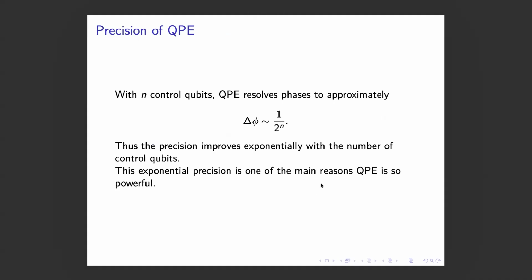So that means that the precision of the QPE with n control qubits roughly has an approximation error which goes like 1 divided by 2 to the power of n. And that means that the precision improves exponentially with the number of control qubits. And this is actually one of the reasons why it has been so powerful.